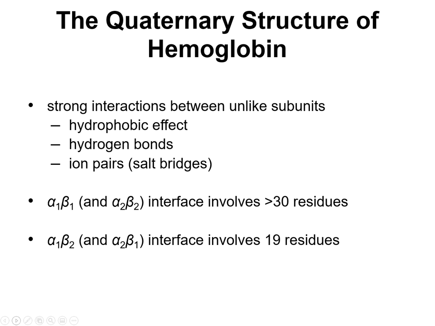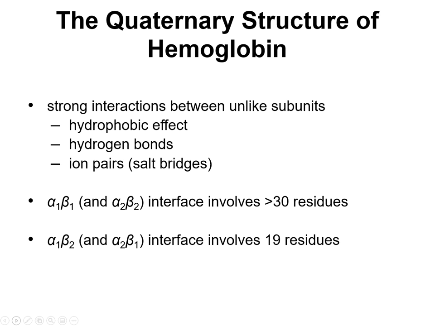There are strong interactions between alpha and beta subunits of hemoglobin. So all those tiny interactions that individually don't mean a whole lot, but when you bring them all together mean the world: hydrophobic effect, hydrogen bonding, and salt bridges. Those three things are key to keeping hemoglobin together.